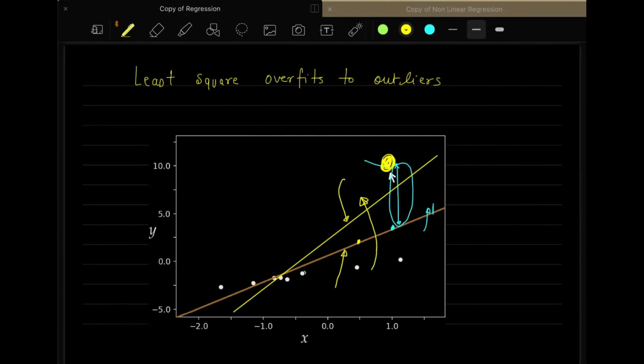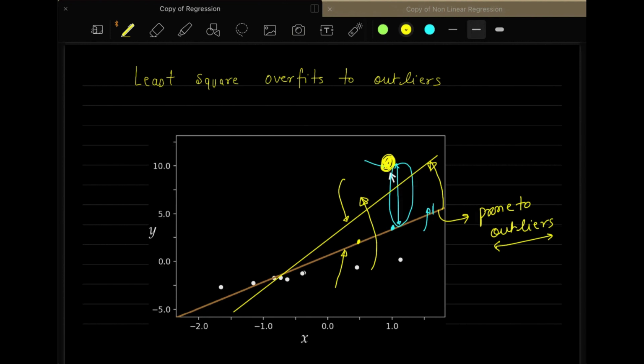So this means the problem is that this line is prone to outliers. Whenever any outlier is there, this line will get deviated and change its position. It's a very serious situation because you are trying to fit this, and in real data, somebody might have made a mistake, and if that data is completely off from the normal distribution of the data, then the line will change its position.